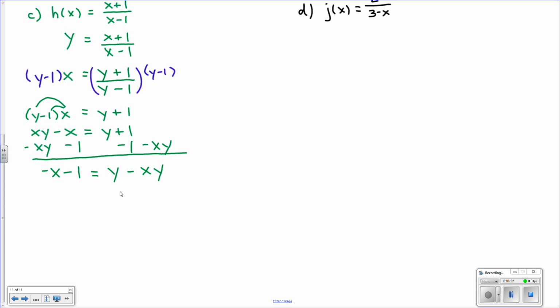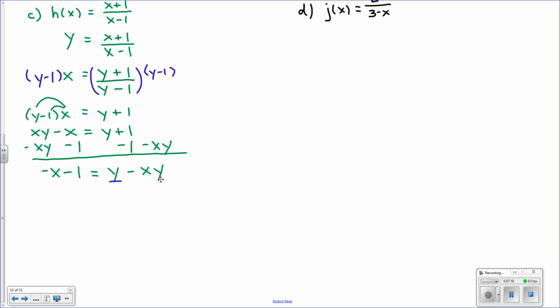And here is where the big trick comes in, or the hardest part for some people until they understand it and realize what they can do. We have two y's and we can't really combine them the way they are, but we can look at this as a binomial and ask, what do the two terms have in common?